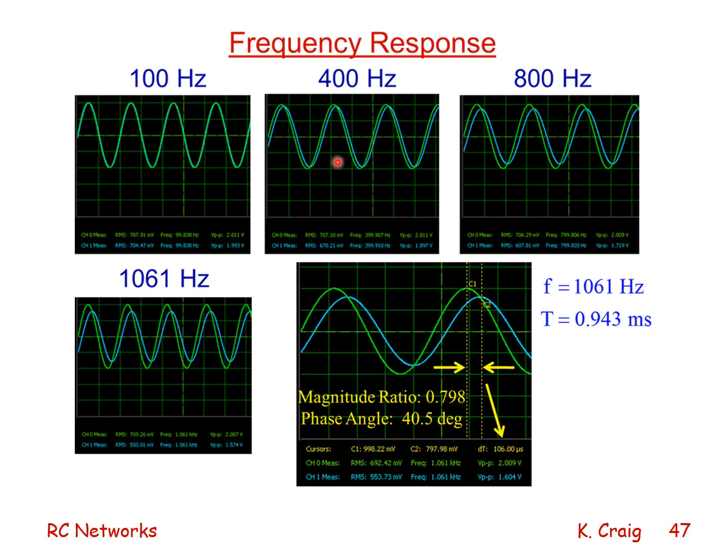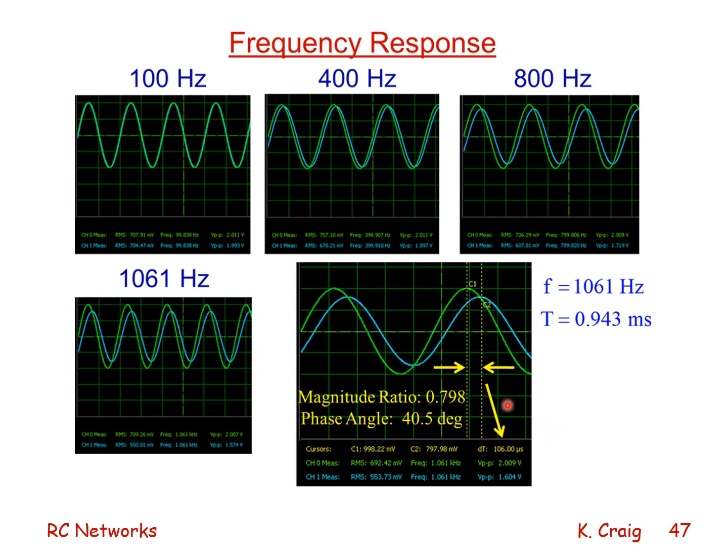At 400 hertz, I get an attenuation, a reduction in amplitude slightly, with a slight negative phase angle. At 800 hertz, the amplitude reduction is greater, the negative phase angle is greater. At 1061 hertz, which is the bandwidth, I expect the amplitude ratio to be 0.707 and the phase angle to be minus 45 degrees.